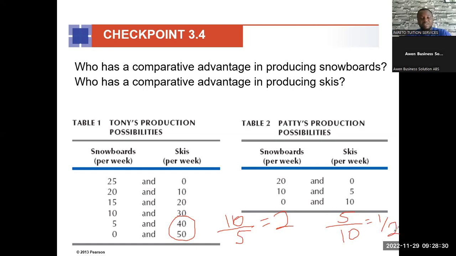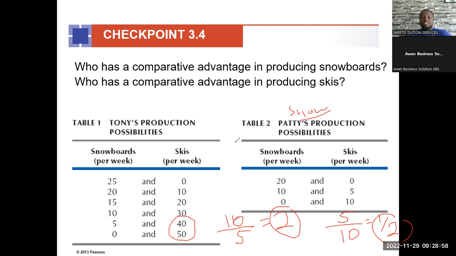It's going to be half. So what this means is that party will have a comparative advantage in producing snowballs because he has the lower opportunity cost. Okay. That's it. So for snowballs, we are going for party.